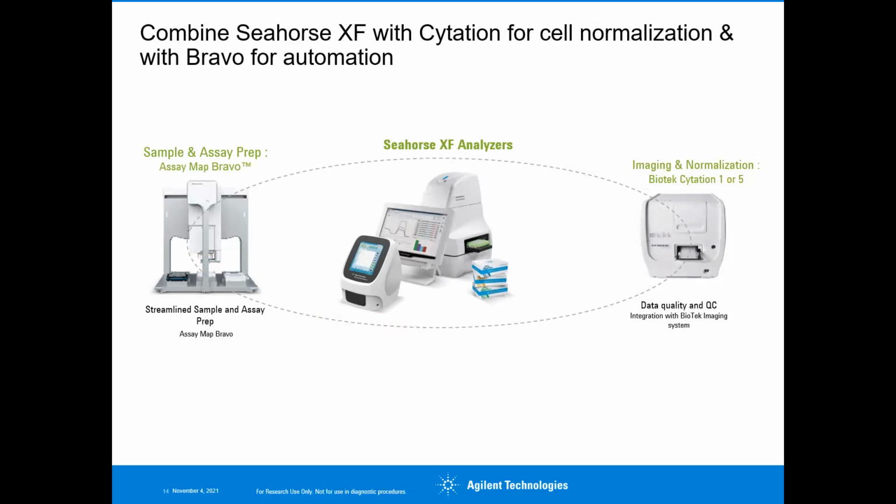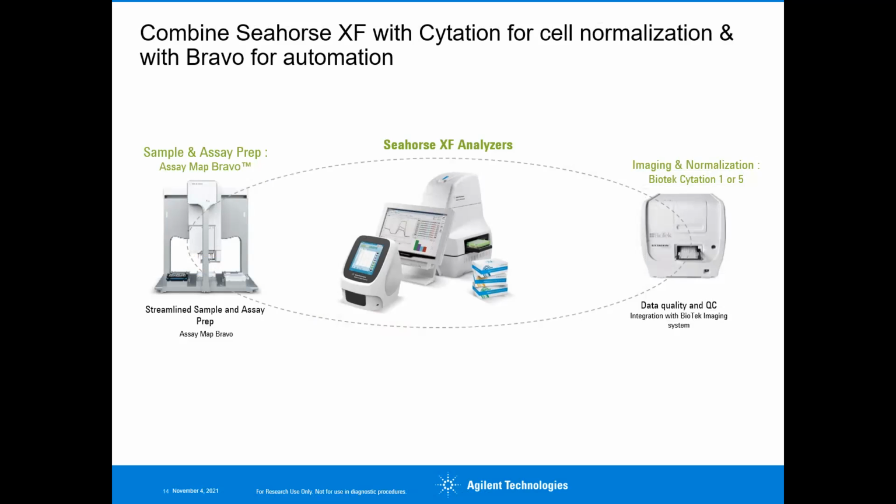And I mentioned at the beginning of the talk this BioTek Cytation. This is an imager that pairs nicely with a Seahorse, and it uses bright field imaging to do a QC check at the beginning before the Seahorse assay starts.